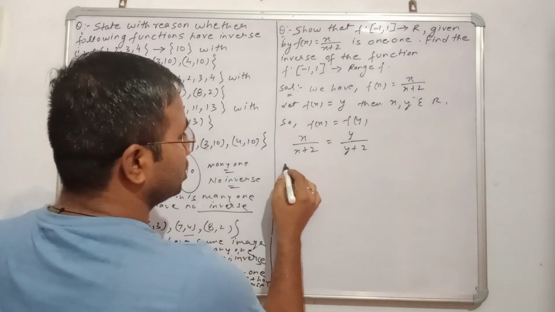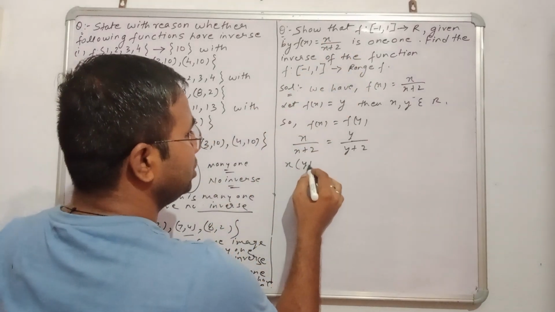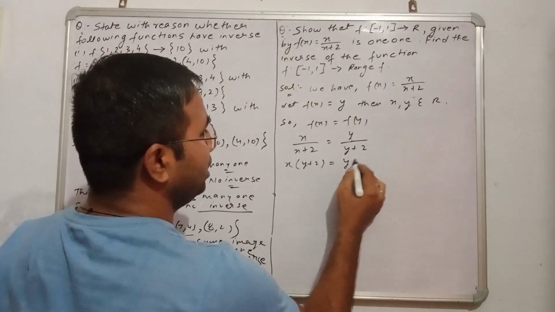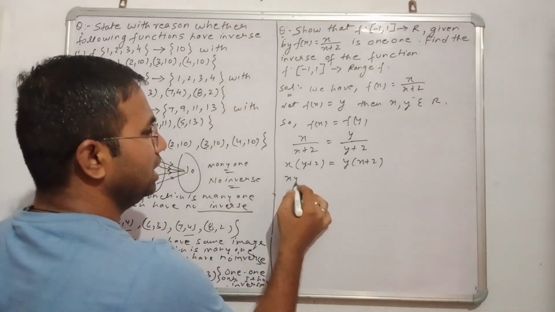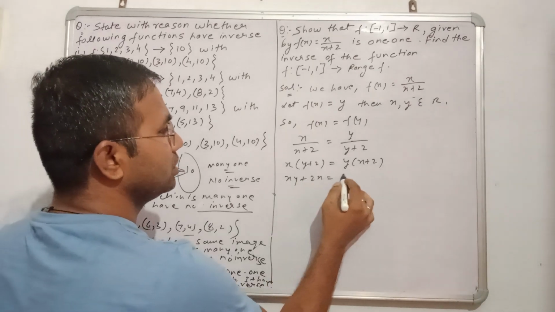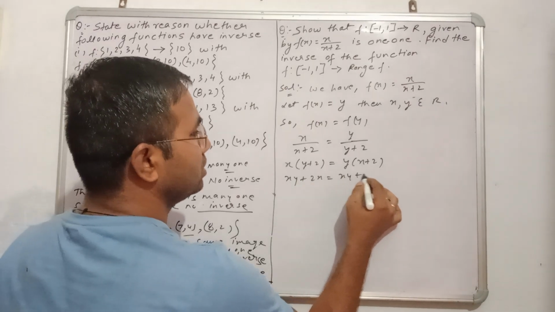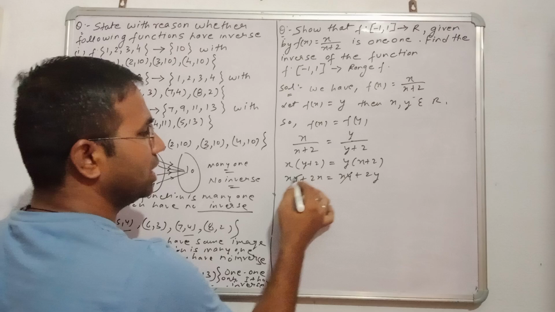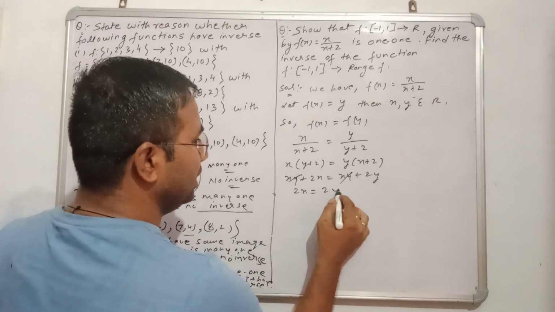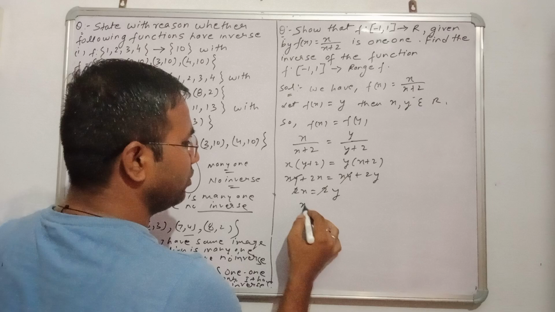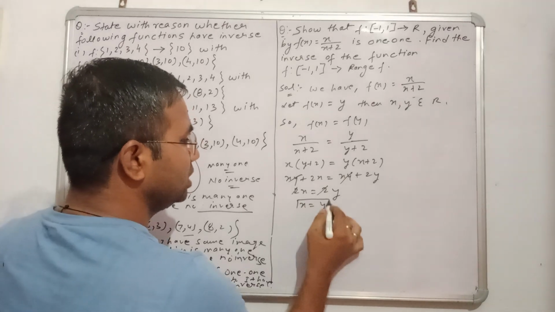See, now take cross multiply: x into y plus 2 here, y into x plus 2. Now multiply it: xy plus 2x, xy plus 2y. Now xy cancel each other. What you will get: 2x equals 2y. Now 2 cancels, what you will get? x equals y.